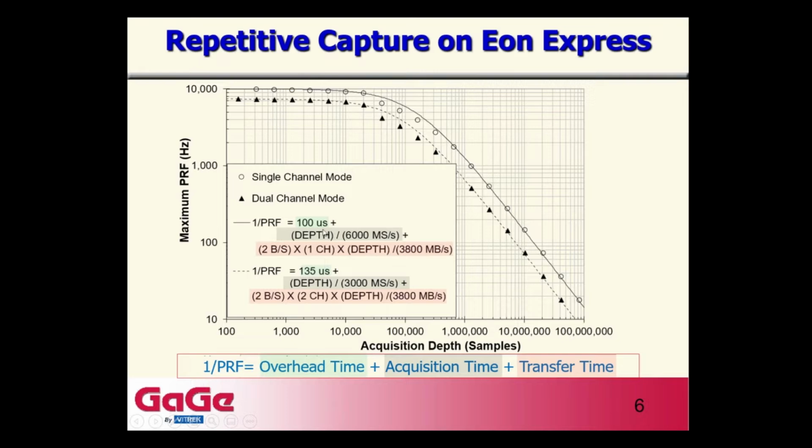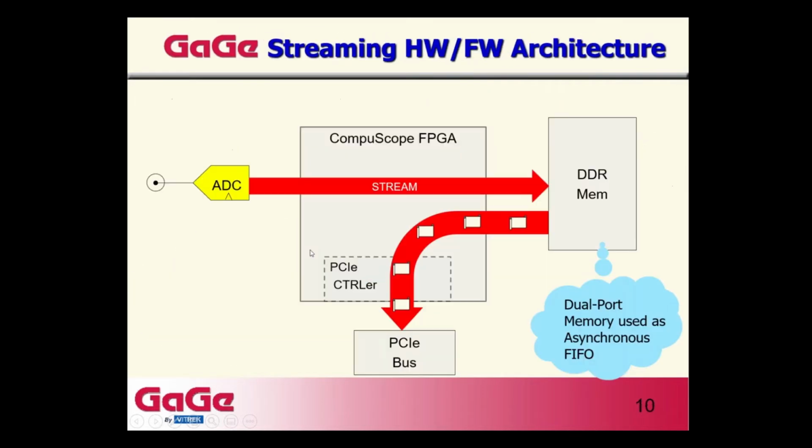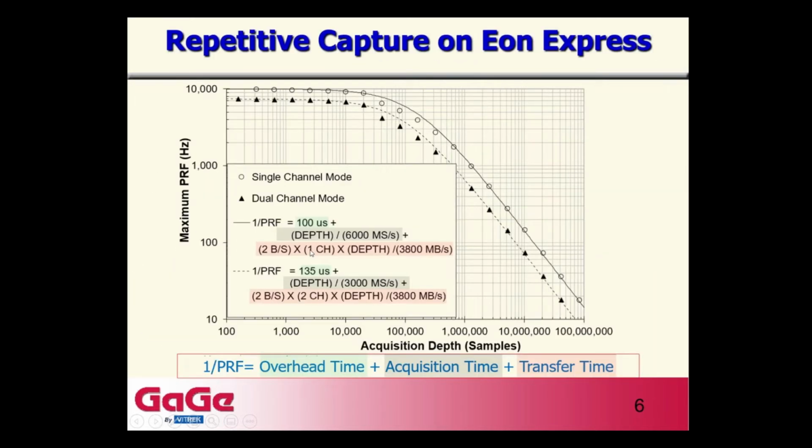You can understand how you might have to do more things in order to set up. You have to set up 2 PCI Express transfers, for example, in the case of dual channel mode. So the overhead time is slightly bigger in dual channel mode than in single. So this equation kind of neatly divides these curves into 2 domains.